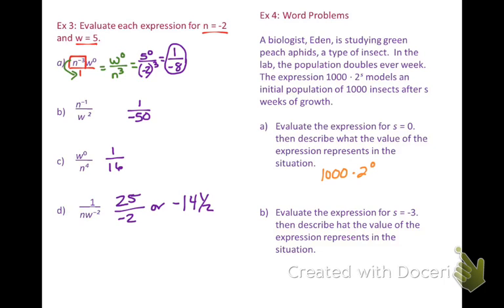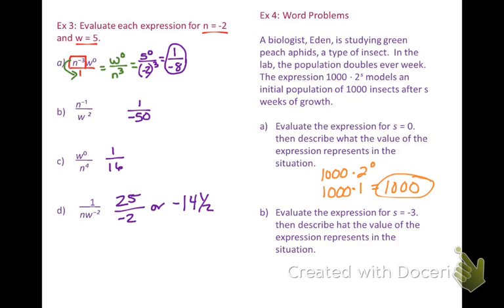And I don't have to bring anything down to the bottom, so you're just going to leave it like that. So 2 to the 0 power equals 1. So it's 1,000 times 1, which equals 1,000. So the first week that we're looking at, this moment in time, it's at 1,000.